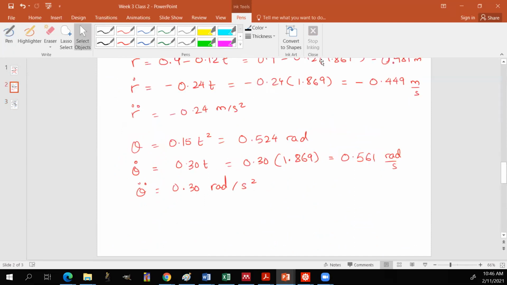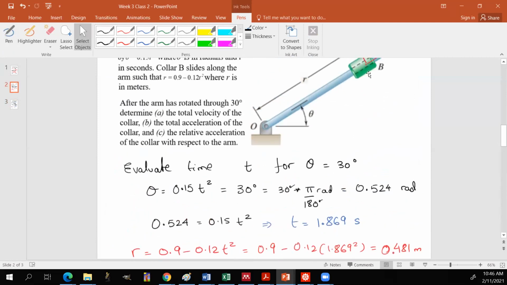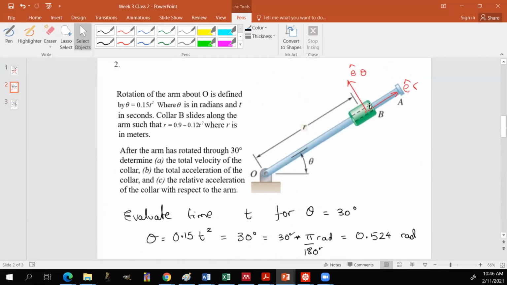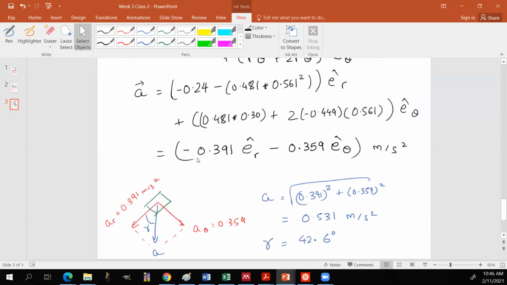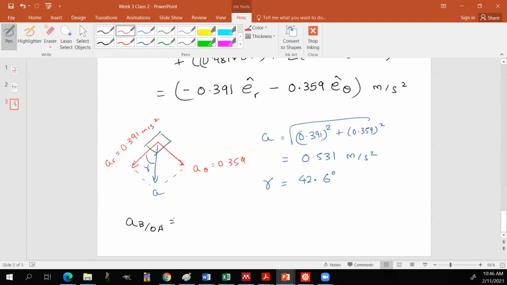The beauty of using these radial and polar coordinates is that the acceleration of the collar with respect to the arm is always going to be in the r direction. It's not equal to A_R.